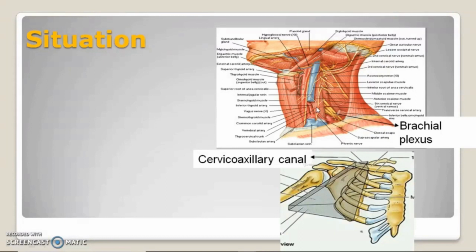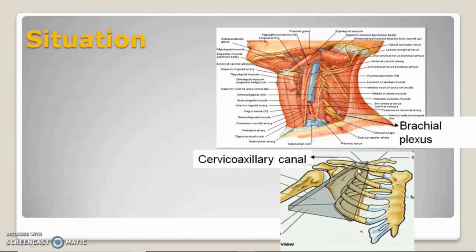Once it reaches the posterior triangle, it again descends downwards and then reaches the axilla region. You can remember that this is the neck region, and from the neck region we have a communication. That part is called the apex of the axilla, which is otherwise known as the cervico-axillary canal.